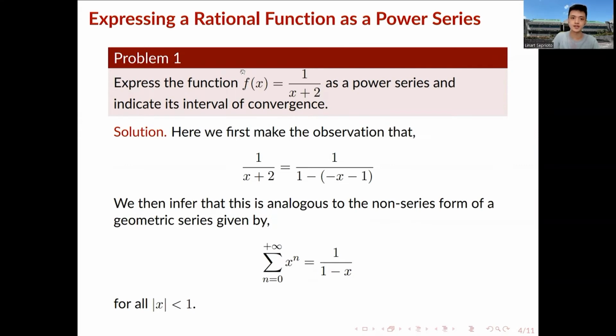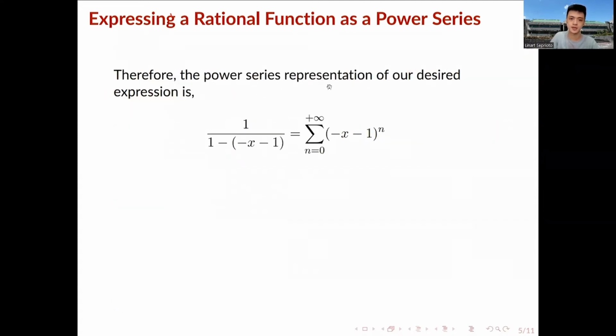What's happening here is that what we take as r will be this negative x minus 1 here. So eventually, the r in the formula will be replaced with negative x minus 1. If you do that, we will get the power series representation of our desired expression, and we will work it out as follows. Again, this is still equal to 1 over x plus 2.